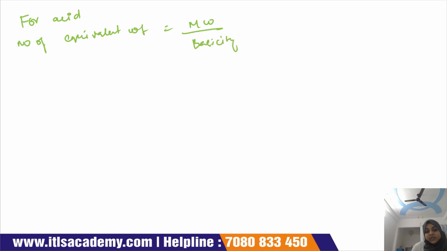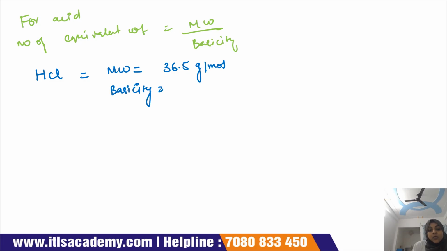Now, for the first example, we have to calculate the equivalent weight for HCl. We all know that the molecular weight of HCl is 36.5 grams per mole. And the basicity of HCl? See here, one is chlorine and one is a hydrogen atom. That means one hydrogen atom is replaceable, so the basicity is 1.